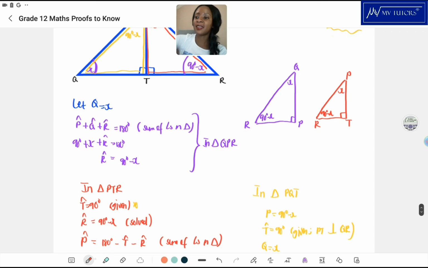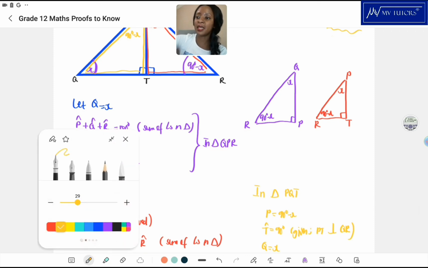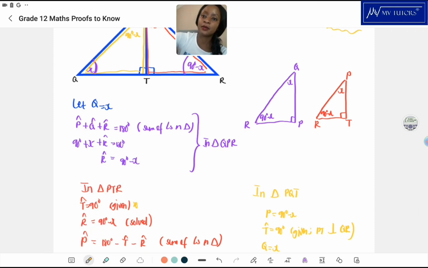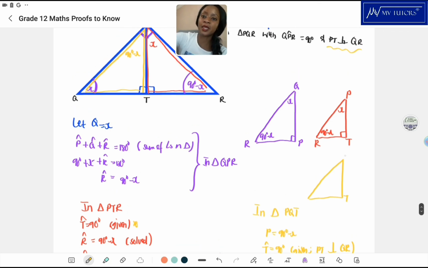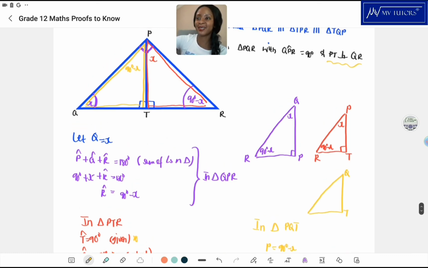Then I have the other small triangle remaining. I'm also going to draw it like that, where I have T as well. I'm actually going to put Q up there. I'm going to turn it around, rotate it, and I have P. Rotate it and flip it.